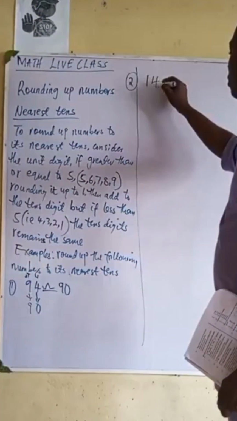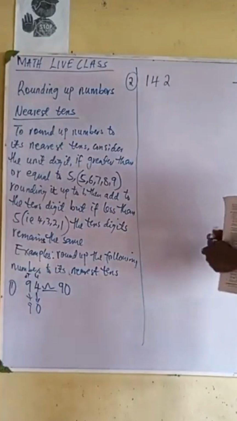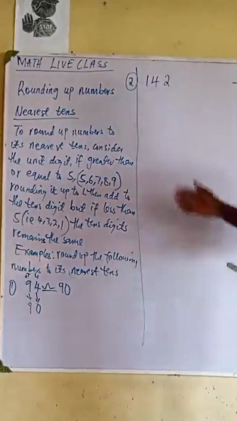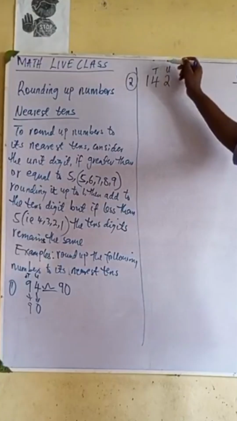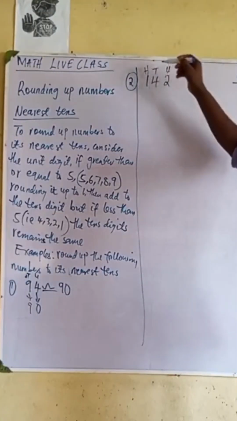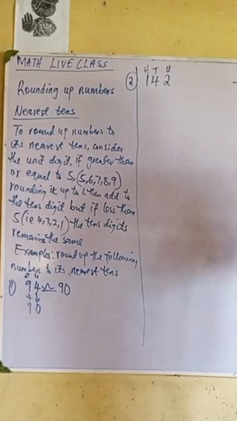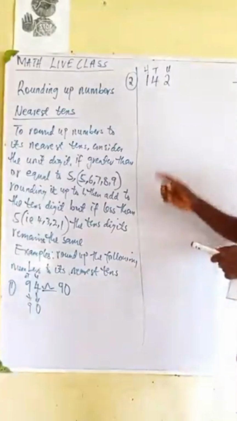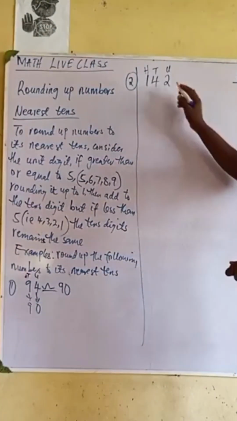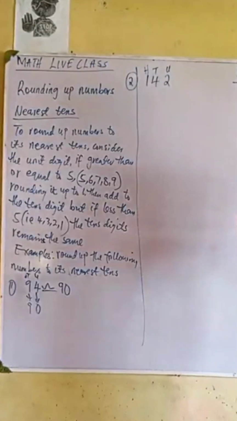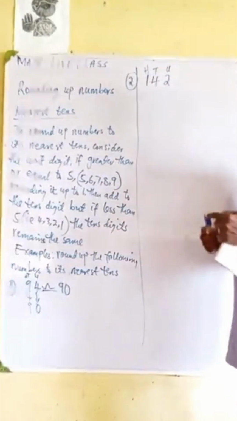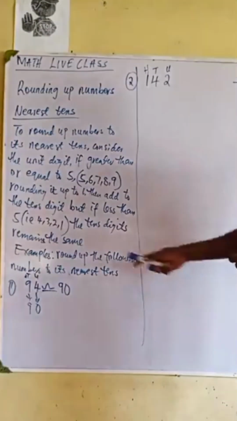Now let's look at the second example. We have the number 142. So in this case, what are we supposed to do? This is units, this is tens, this is 100. So we are rounding up the number to the nearest tens. So which one are we supposed to consider? Don't forget, when you're rounding up to the nearest tens, you're supposed to consider the unit digit.